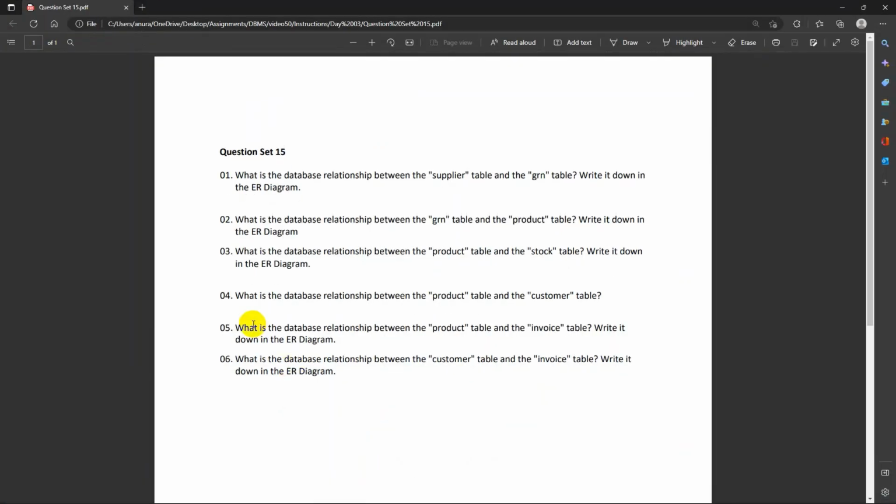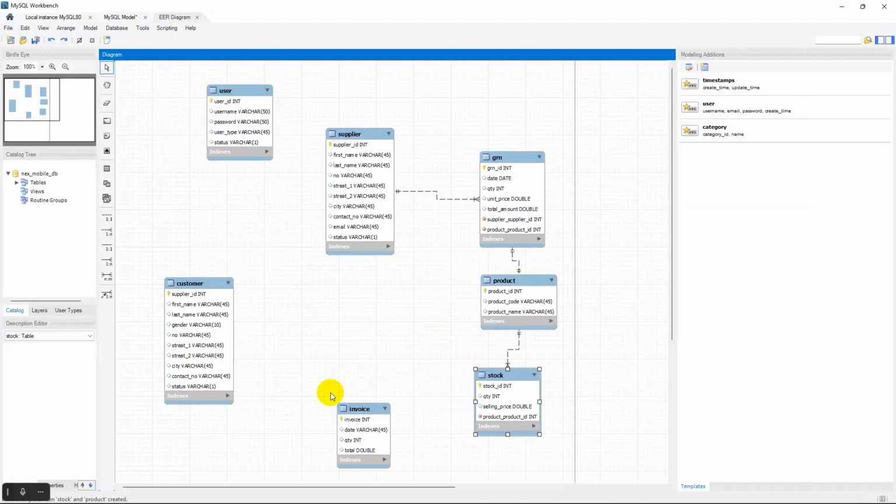Fourth question, it says what is the relationship between the product table and the customer table, but they don't say to draw it in the ER diagram, so we only have to state what the relationship is. One customer can buy many products, and also one product can be bought by many customers, so there should be a many to many relationship.